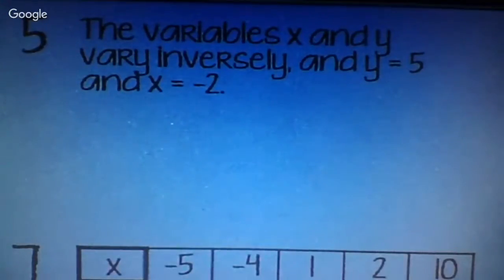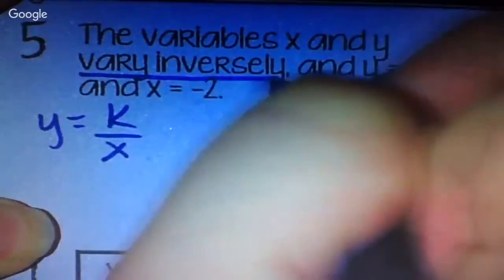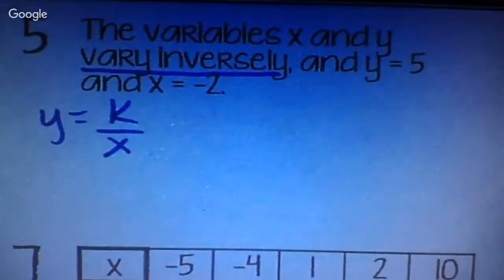Just like yesterday when I said, if it says the variables vary directly, you automatically write this equation down. Same thing happens here. The variables x and y vary inversely. So that means I write y equals k divided by x. It varies inversely. That automatically tells you y equals k divided by x.